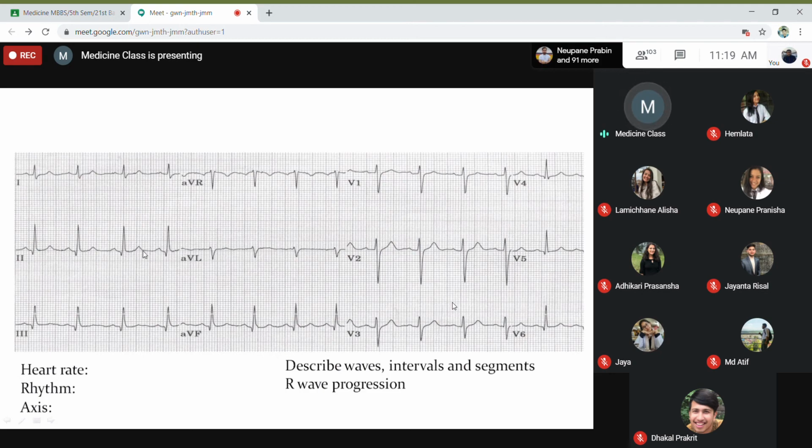There is no U wave, and look at the progression of R wave also. The R wave is gradually increasing in amplitude, and the S wave is decreasing. So there's no S wave over here. So it's a normal progression of R wave with a transition zone at V3. So this is a normal ECG.